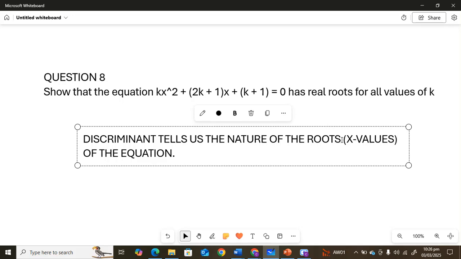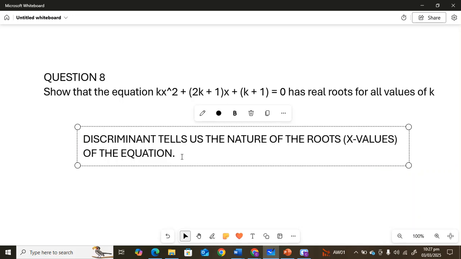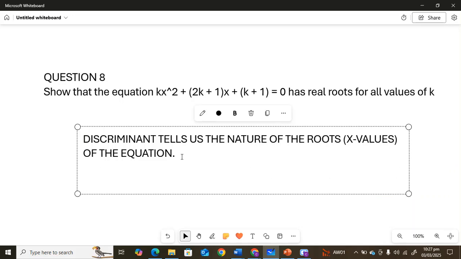It tells you if they are real or if they're imaginary. That's what the discriminant tells us. Any questions before I move further?